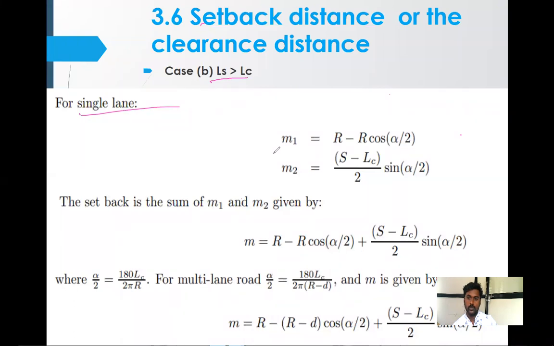Write down this formula. The same formula is there: M is equal to R minus R cos alpha by 2.